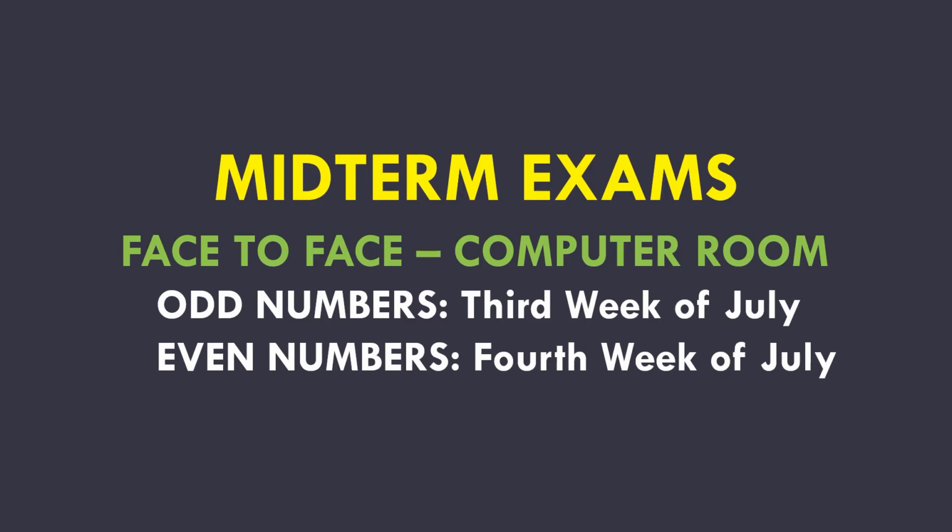Midterm exams. Your midterm exams will be here in school, face-to-face, in the computer room. The odd numbers will be in the third week of July, and for those even numbers, it will be on the fourth week of July. Your computer midterm exams will be out of schedule.